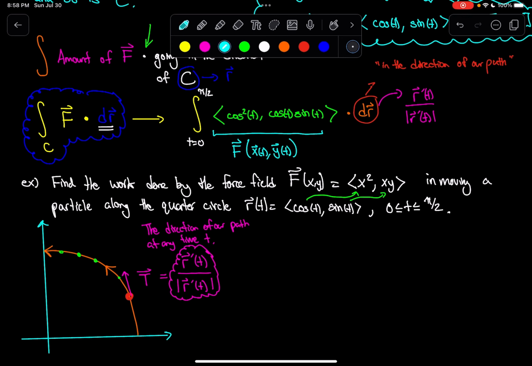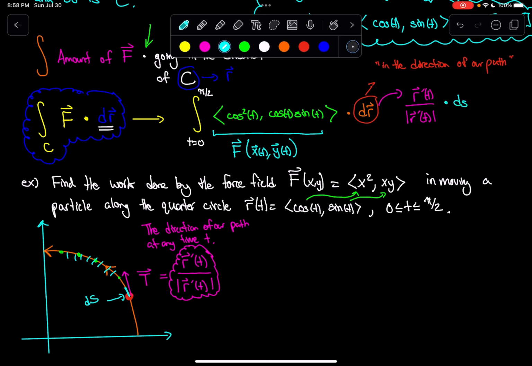Well, the magnitude of our path is just the length, and that is good old-fashioned ds. We know that when we cut this path into a whole bunch of little pieces, each one of those pieces has a width of ds, so that's what we're going to stick with. We're going to put a ds here.